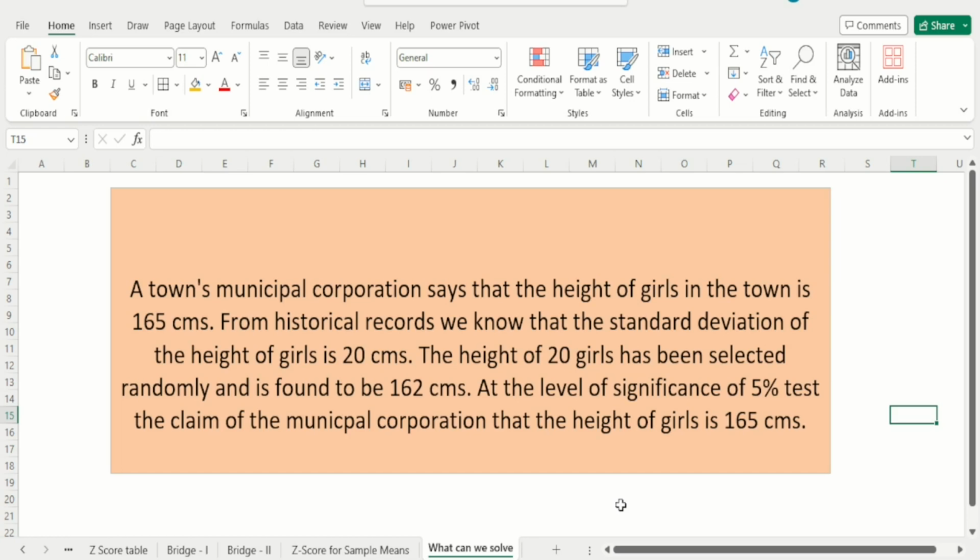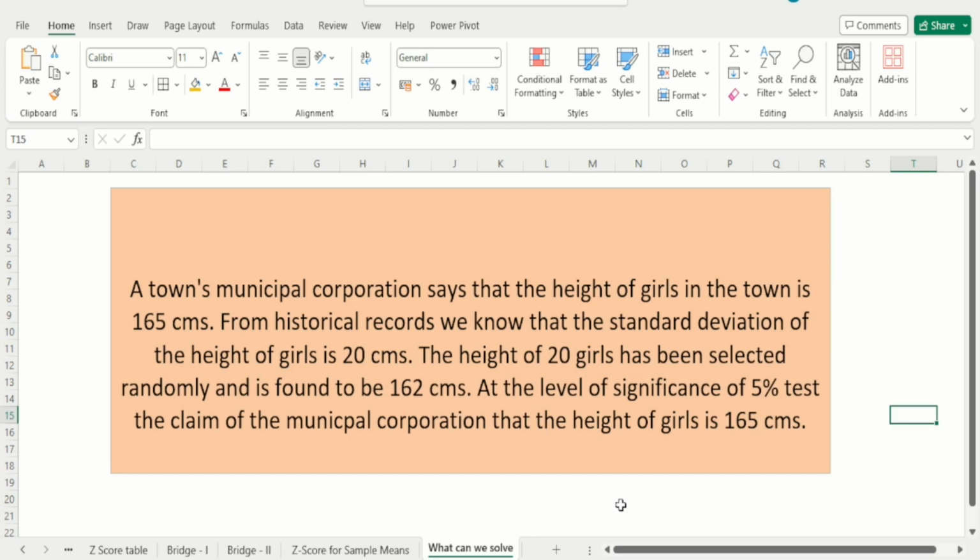So given the average height of those 20 girls from the sample, we can then calculate the z-score of that sample. And once we have calculated the z-score of the sample, we will then check if the z-score that we have found is greater than or less than the critical point, right? Any guesses as to what kind of test this will be? Will this be a double-tailed test or a single-tailed test?